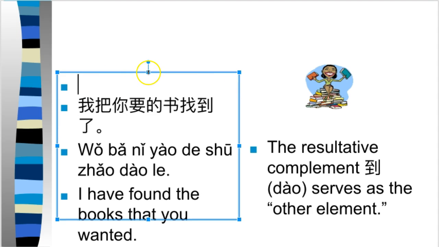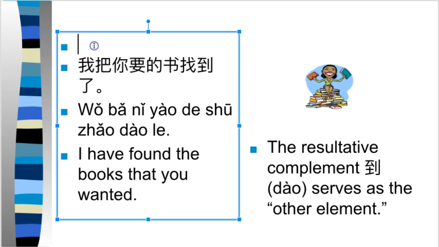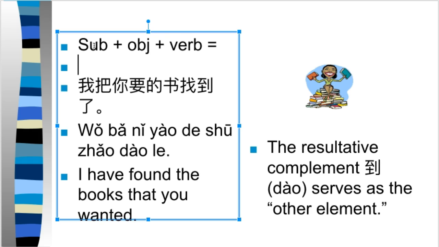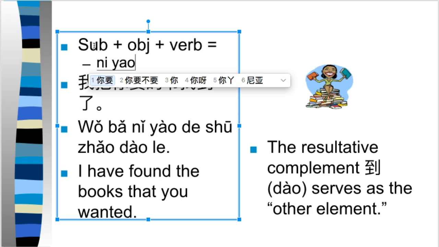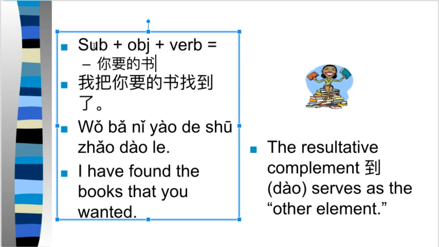Now, if I turn this into a normal subject plus verb plus object sentence, that would be, actually, it should be 我找到你要的书了.